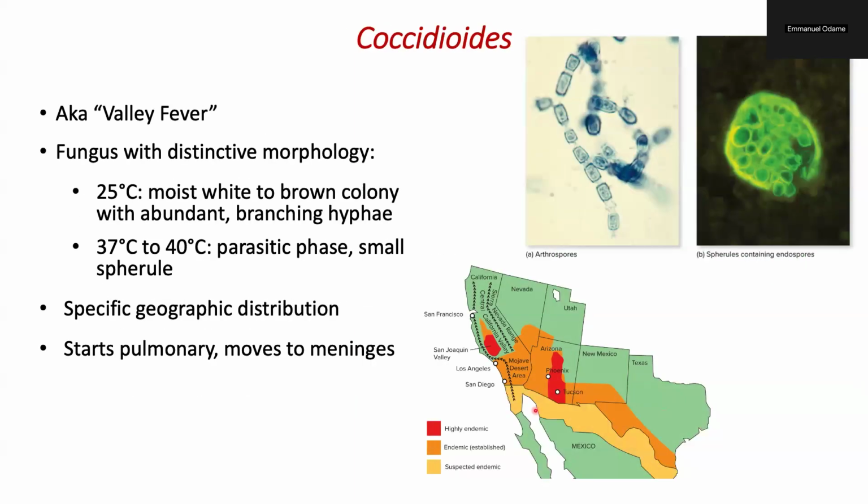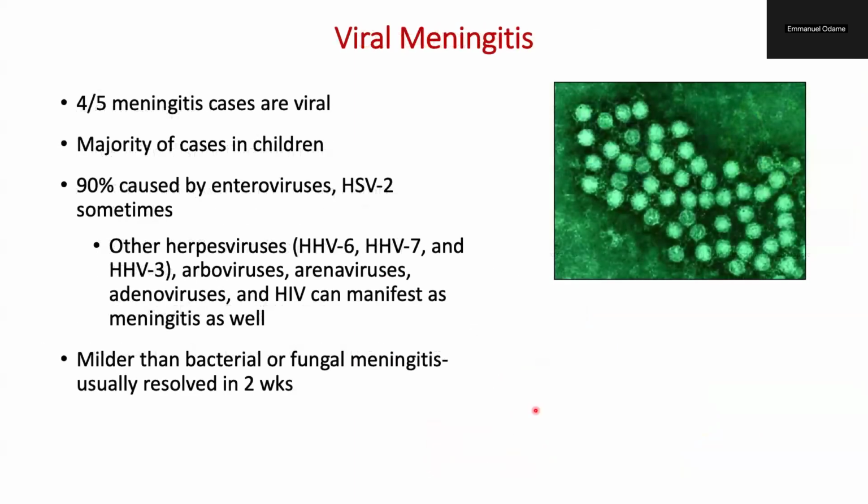The next one on our list is viral meningitis, which is one of the most common meningitis we know. In every 5 cases of meningitis, 4 of them are caused by viral meningitis. The majority of these cases have been recorded in children.